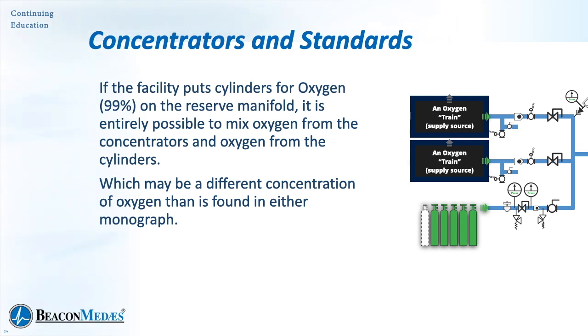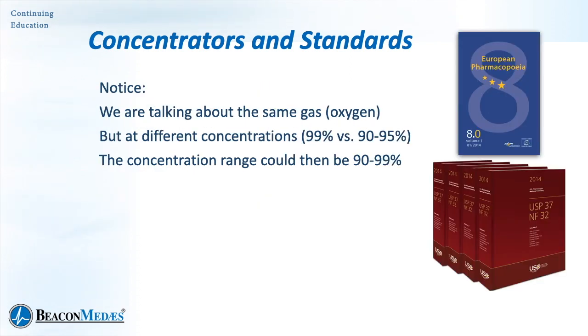Because of the way the cascade works, we could actually end up with a gas that doesn't exist. It's not oxygen 99%. It's not oxygen 90 to 96%. It's something else, anywhere between 90 and 99%.